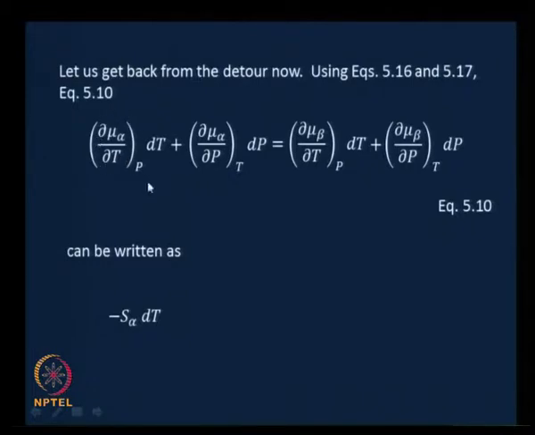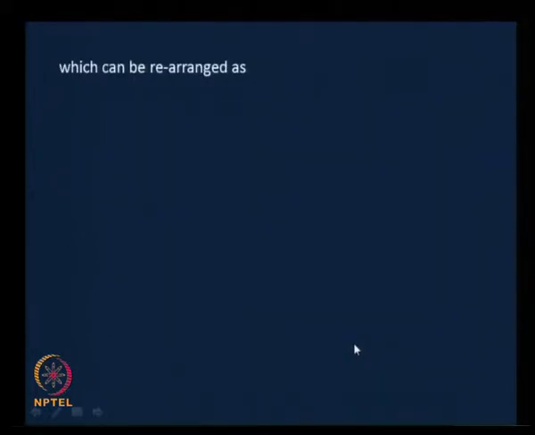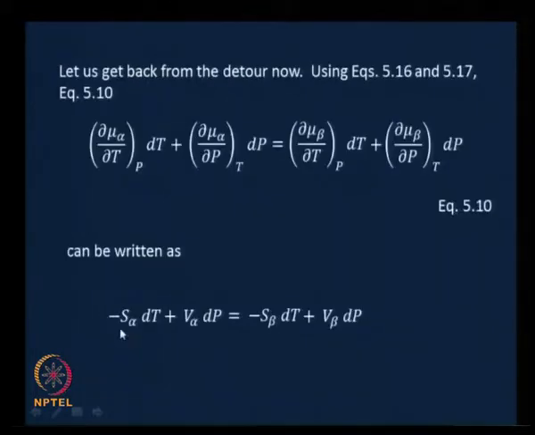Dou mu alpha by dou T at constant P was nothing but minus S alpha that we saw for 1 mole of a pure substance, therefore minus S alpha dT, plus dou mu alpha by dou P at constant T we found was V alpha, the molar volume in the alpha phase of the pure substance, dP, equals minus S beta dT plus V beta dP, and just taking dP by dT and writing it as the derivative.